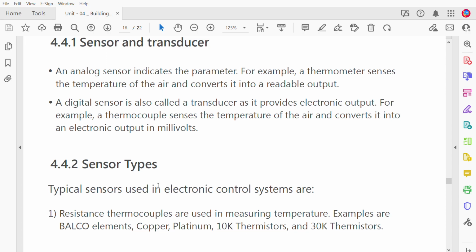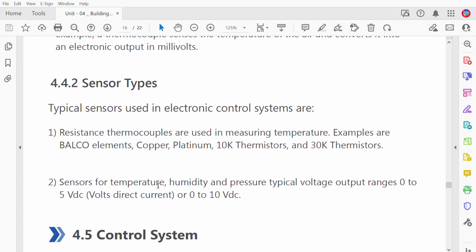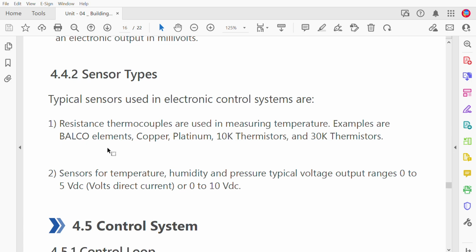Several types of sensors range from resistance thermocouples, right? Like we have seen Lenco elements, copper, platinum, 10K sensors, to thermistors, and then sensors for temperature, humidity, and pressure, which usually use 0 to 5 volt or 0 to 10 volt, sometimes 4 to 20 milliamp.